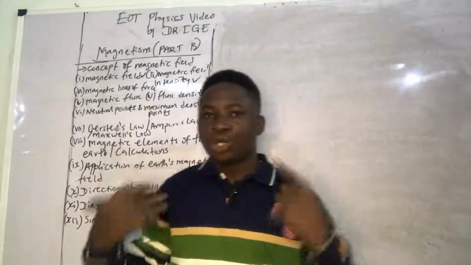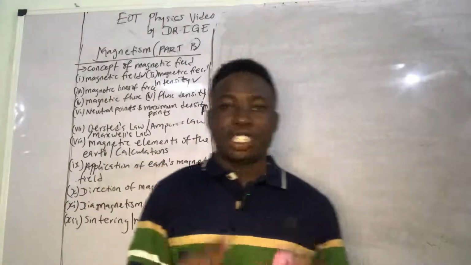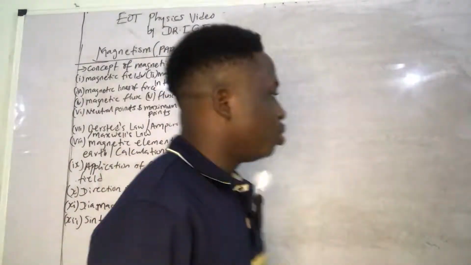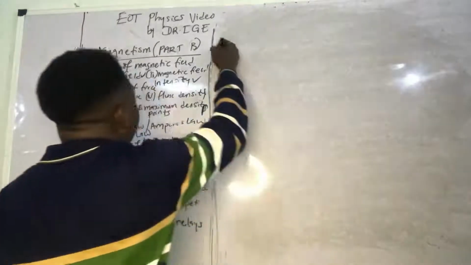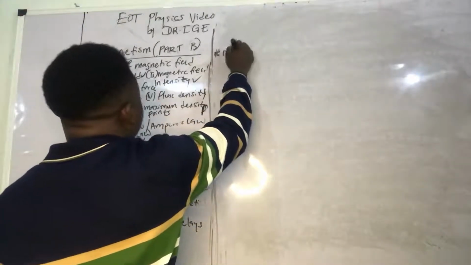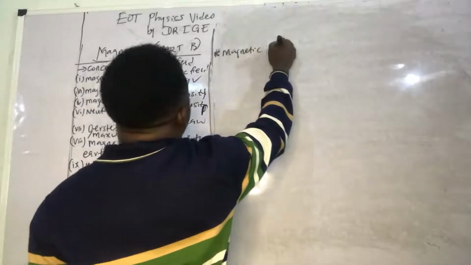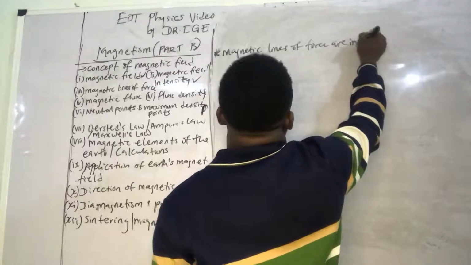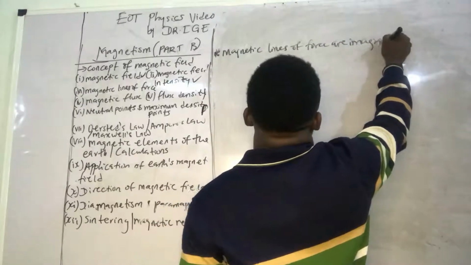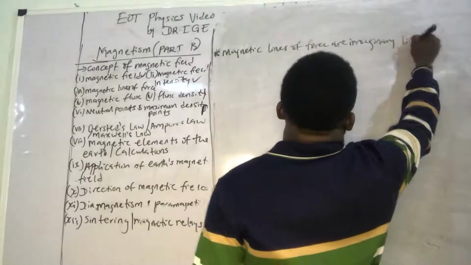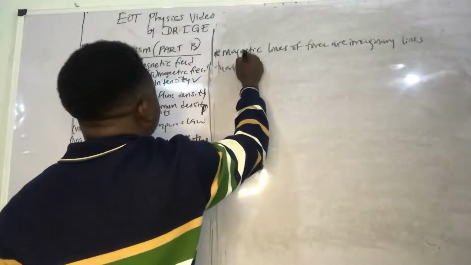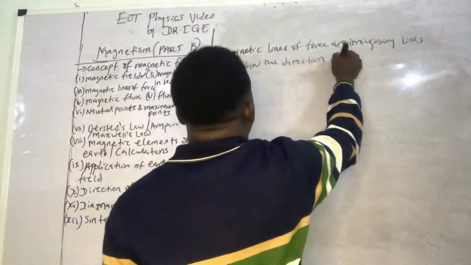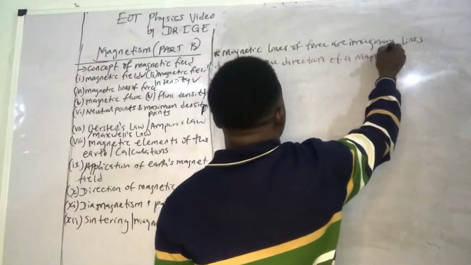Magnetic lines of force actually show the direction a magnetic field is pointing. They are imaginary lines; they do not really exist. They are imaginary lines that show the direction of a magnetic field.